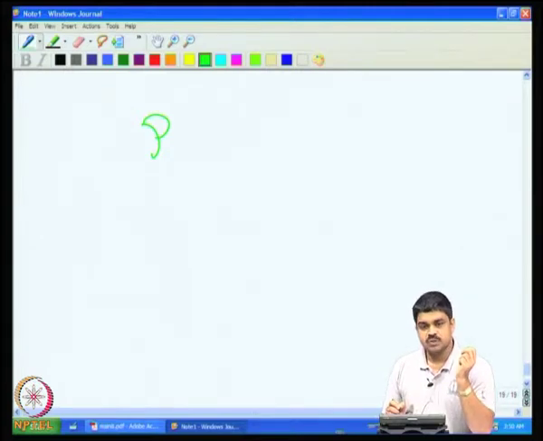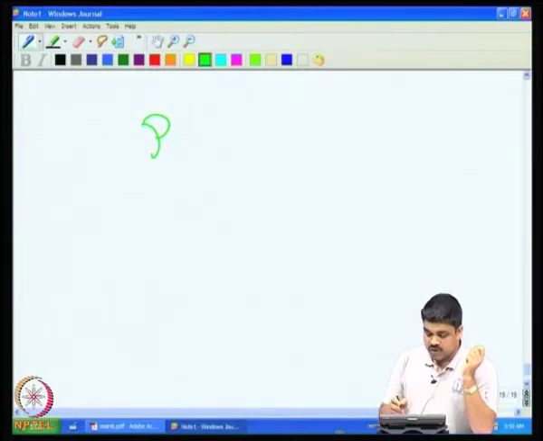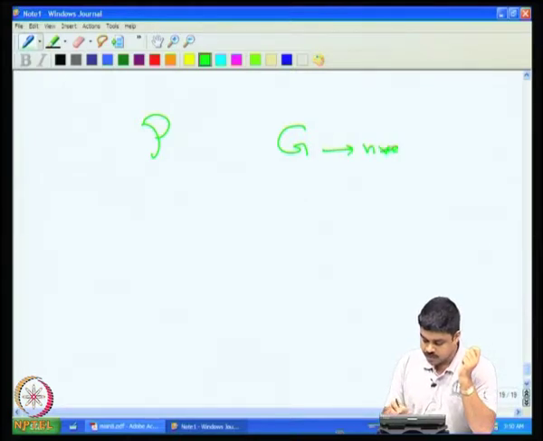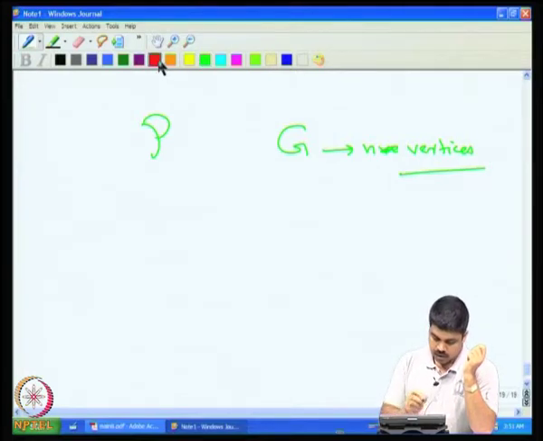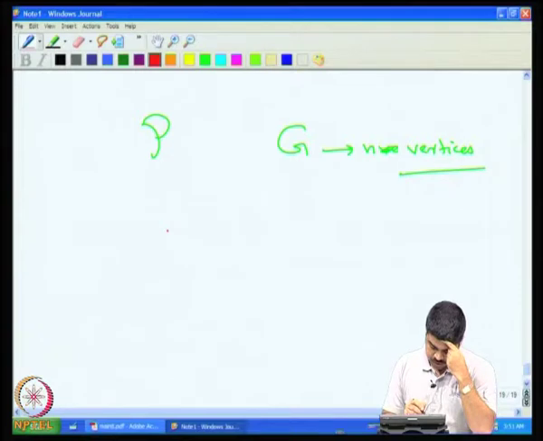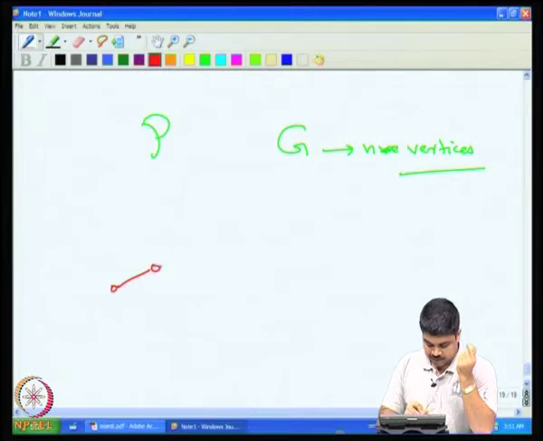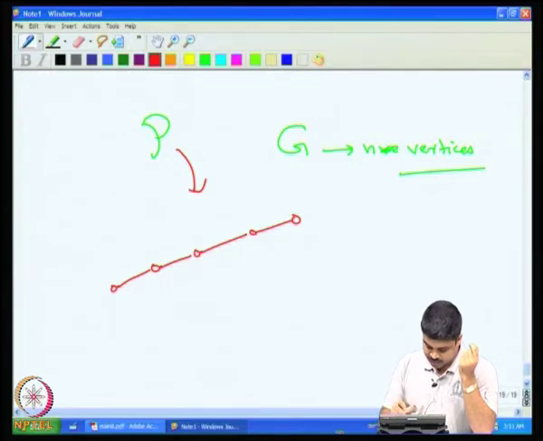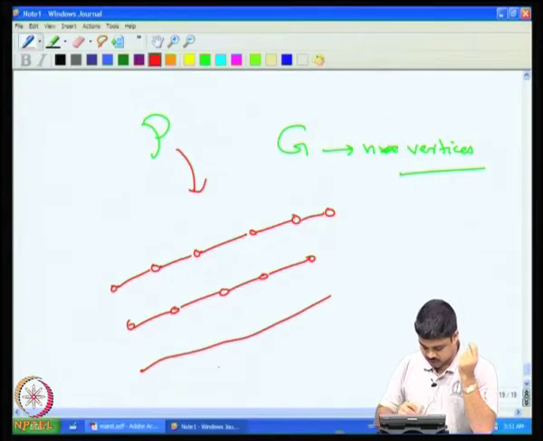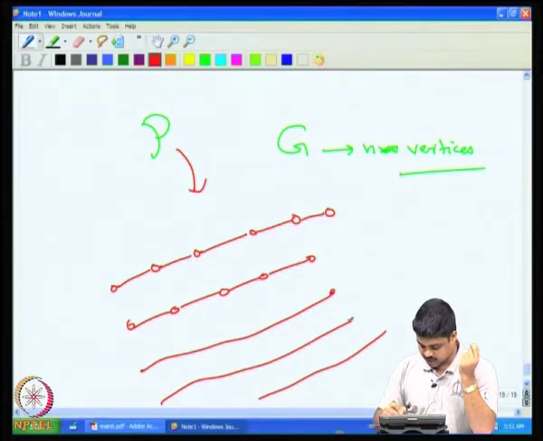Now let us say for graphs with n minus 1 vertices, it is true. Now we consider a graph G with n vertices. Let us consider a minimal path cover of this, and any minimal path cover, let it be P. I am drawing it like this, it can be anything, or I can just draw it without marking the vertices.